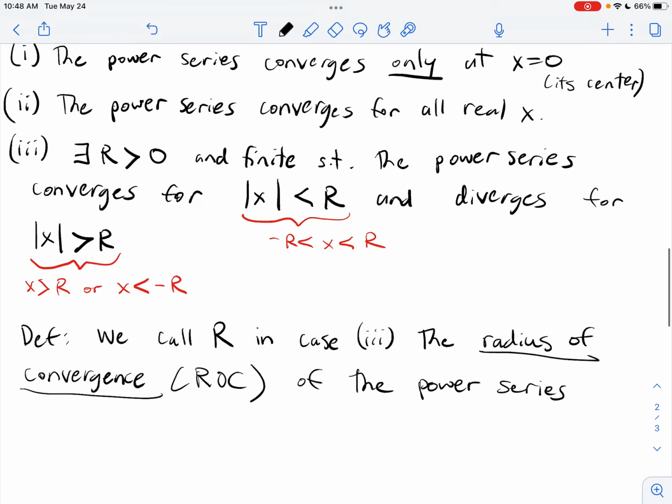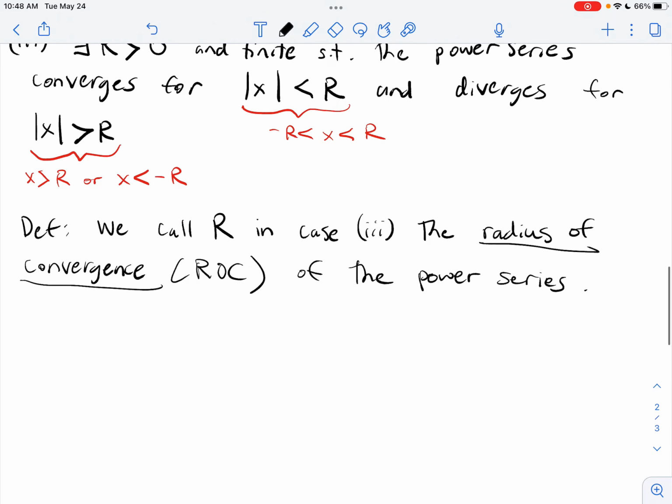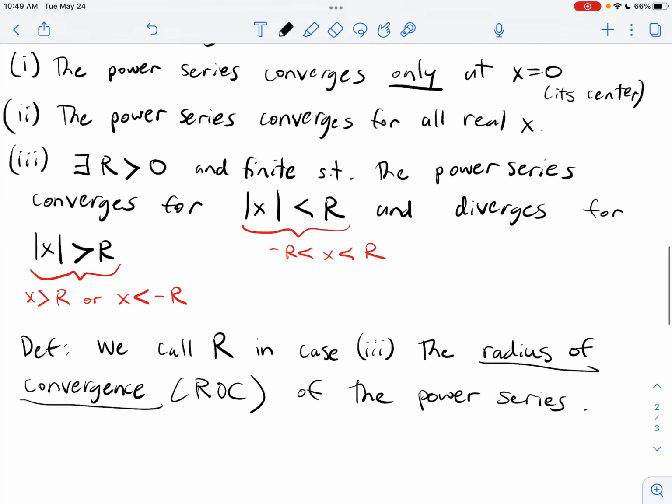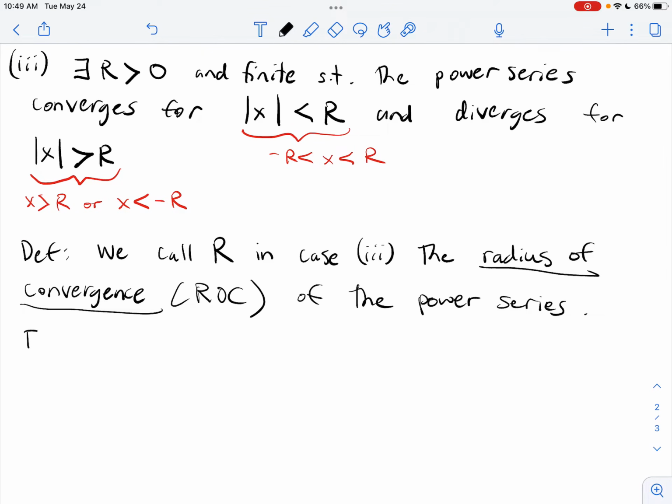Okay. And in particular, we also want to have a radius of convergence for the first two cases as well. So if the power series only converges at x equals 0, in other words, in case 1, we define R to be 0. And in case 2, we define R to be infinity.